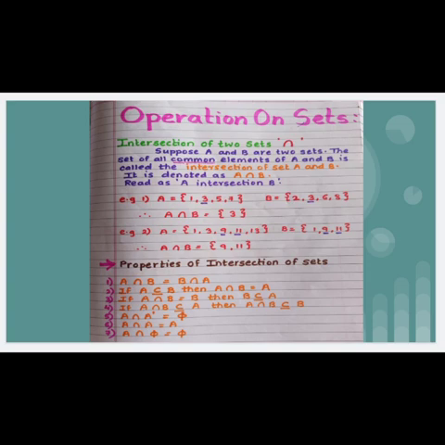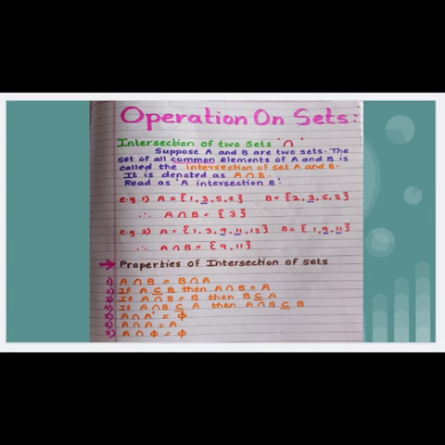A intersection sign, that means upside-down U, B. Read as A intersection B. Example 1. Now students, observe both the sets from example 1. From these sets, we have to find A intersection B. Intersection means common element.